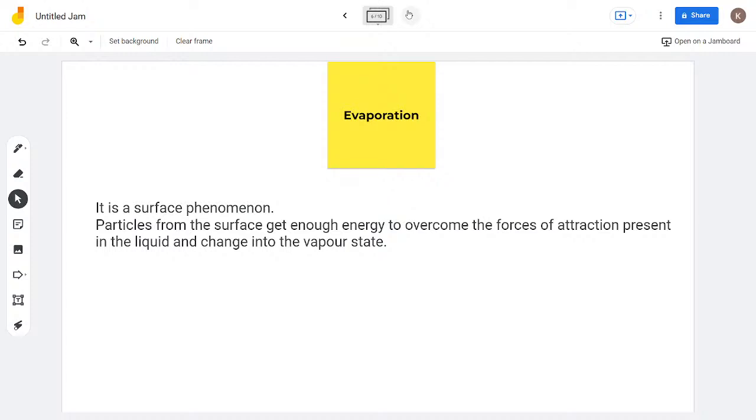This phenomenon of change of liquid into vapors at any temperature below its boiling point is called evaporation. So basically, evaporation is a surface phenomenon, and particles from the surface get enough energy to overcome the force of attraction present in the liquid and change into vapor state.